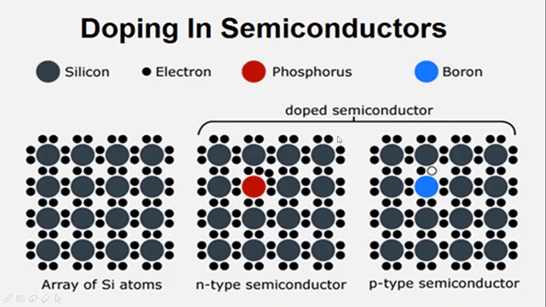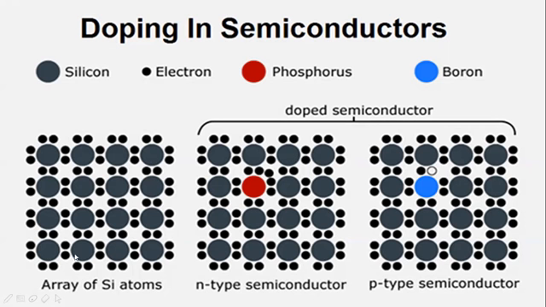Doping can be done by many methods: by heating an intrinsic semiconductor along with the impurity atom, or by inserting the intrinsic semiconductor in a cloud of the impurity atoms. There are many ways to fuse an impurity atom into the intrinsic semiconductor.